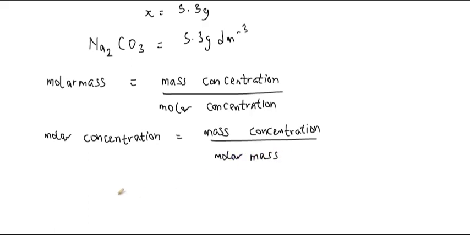We have the mass concentration of sodium carbonate to be 5.3 grams per dm³, and the molar mass we'll be calculating.